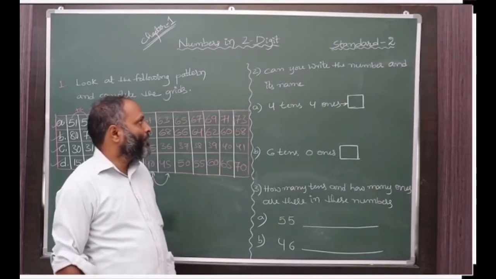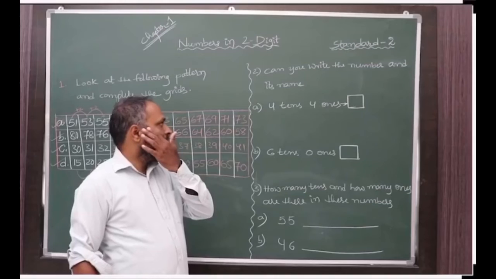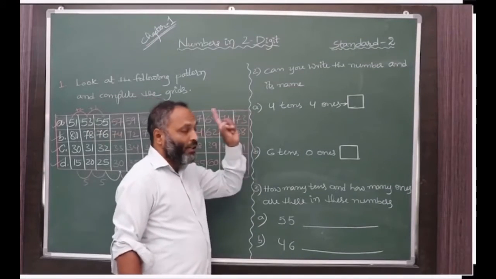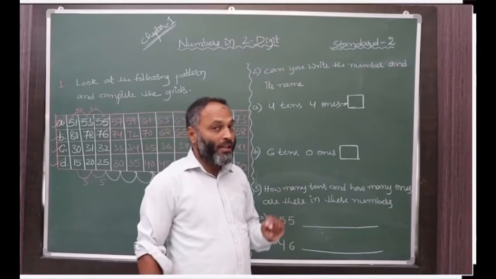Next, in the second question, can you write the numbers and their names? So write the numbers and names here. This we did in our first class. This is a recapitulation.